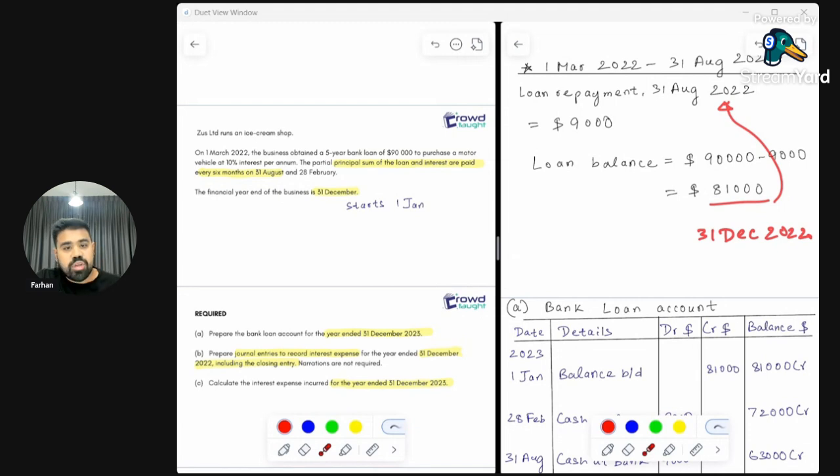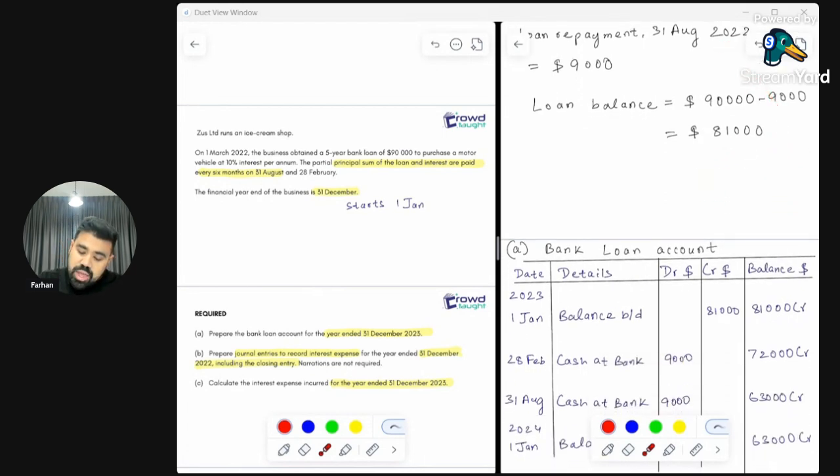Based on the requirements of the question, if you have a look on the left-hand side, you will see in question A, we are required to prepare the bank loan account for the year ended 31 December 2023, which means we're focused on what's happening from 1 Jan 2023 until 31 December 2023. Okay? All right. So here we have the bank loan account, the ledger account format for the bank loan account, which is the 5-column usual format that we follow.